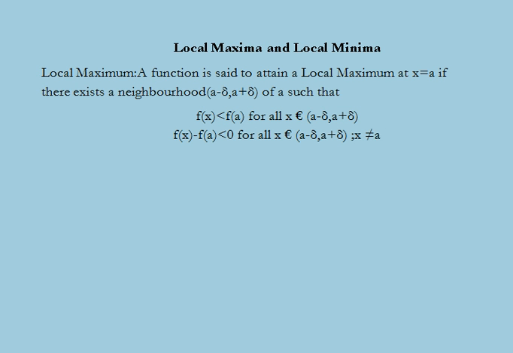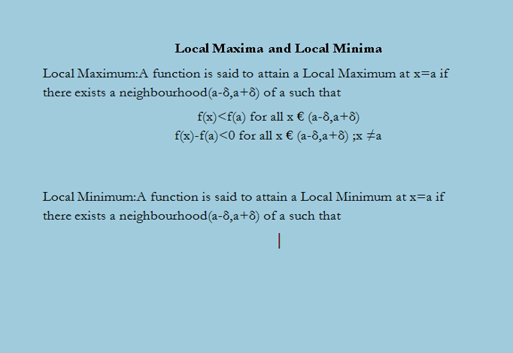In such a case, f(a) is called the local maximum value of function f(x) at point x equal to a. Next, we are going to discuss the local minimum value of the given function f(x).